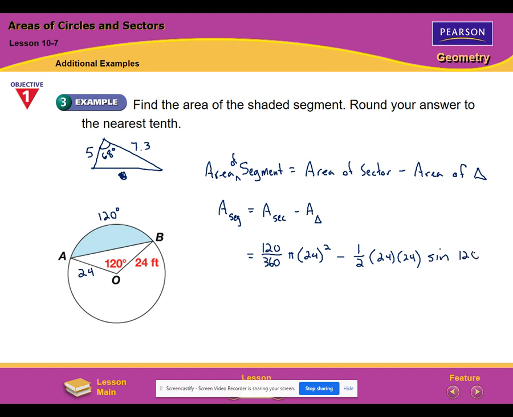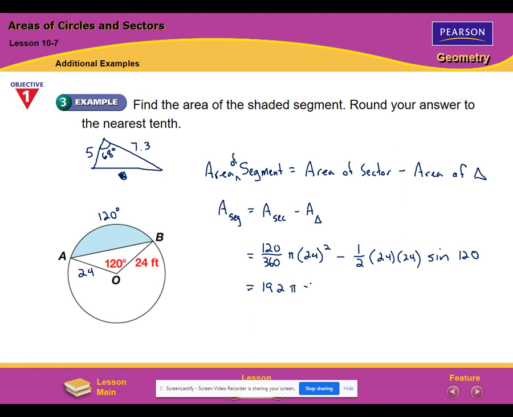Now, at this point, you can just type that into your calculator, carefully. Obviously, it's a long keystroke. I do like to simplify things just a little bit. That's just to my own liking. So this does come out to 192 pi. That's the area of the sector.